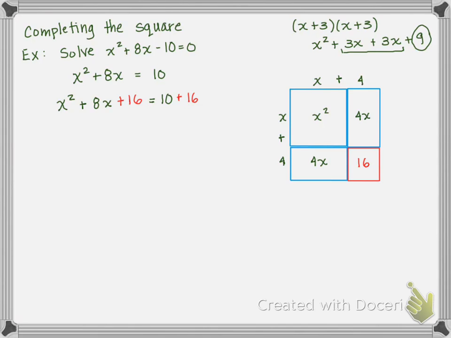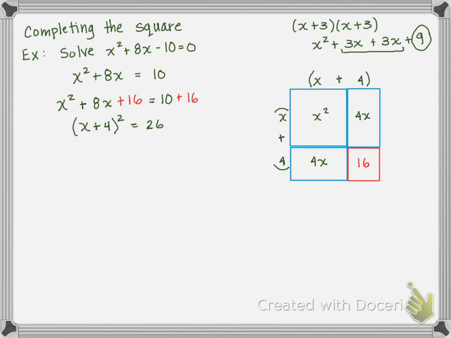So another way to represent the area of that big square is to multiply the length times the width, right? So x plus 4 times x plus 4 better be the same as x squared plus 8x plus 16. And if you do your AC method, you'll see that it does in fact factor into x plus 4 times x plus 4.